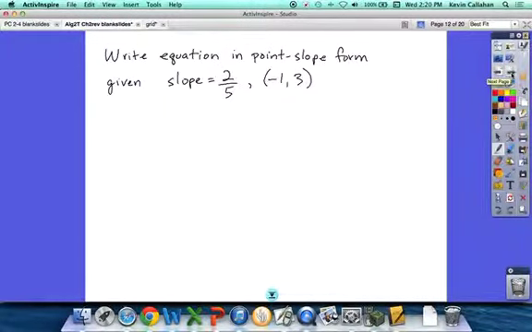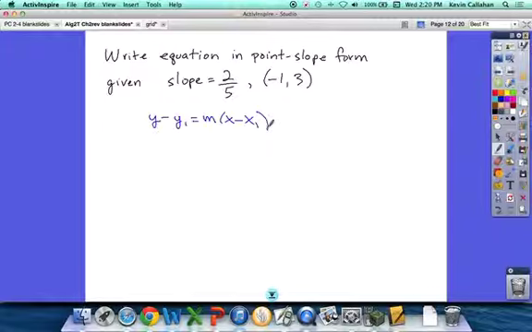Okay, now we've got another form of a line. That makes 3, right? Slope-intercept, standard. This is the last one, point slope. Point slope looks like y minus y1 equals m times x minus x1. So given a point and the slope, give a point slope equation of a line. What do we have to do? Just plug in the values that we were given, just like the homework problems like this.